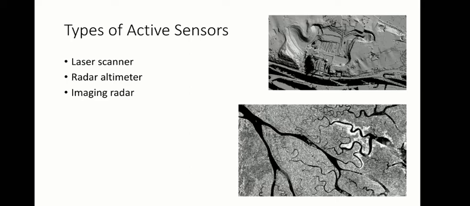Then comes the imaging radar. Radar instruments operate in the range 1 to 100 cm domain. As in multispectral scanning, different wavelength bands are related to particular characteristics of the Earth's surface.